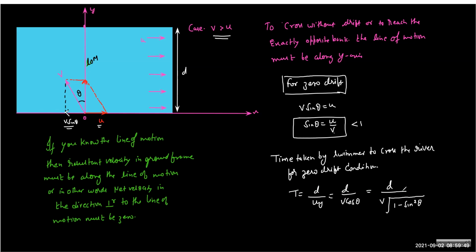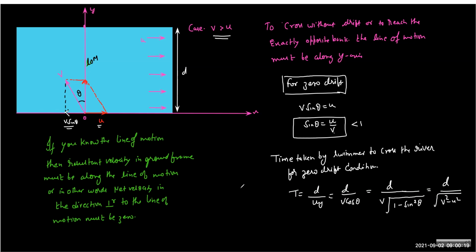This is what we do always. And now you just substitute the value of sine theta from there. It turns out to be root of v square minus u square. So you can see that if you want to cross the river with zero drift, then time will increase actually. You need to travel a lot.